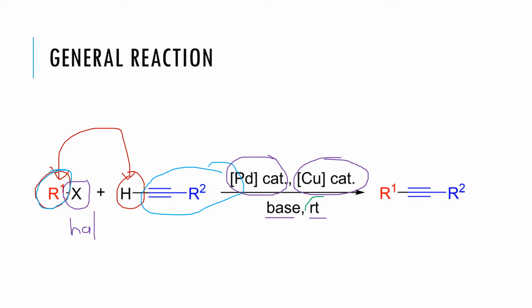This bit here is quite important. Room temperature is, well, the closer you can get a reaction to occur at room temperature, the better. No need for heating or cooling. As you can see, your end product is the coupling of the two groups.